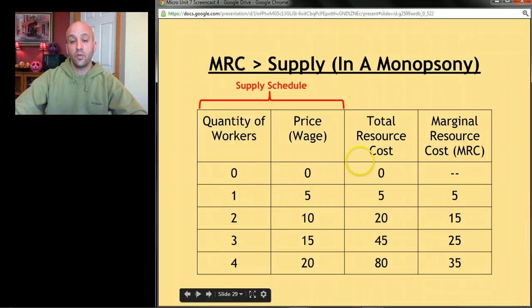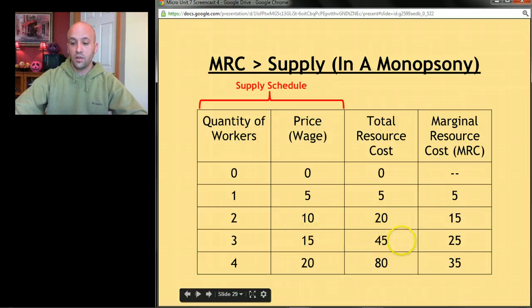Now notice that when we figure out marginal resource cost, these numbers look different than these numbers. The marginal resource cost of the first worker is $5. The marginal resource cost of 2 workers would be $15 because 2 times $10 is 20 bucks, which is 15 more dollars than it costs to hire 1 worker.